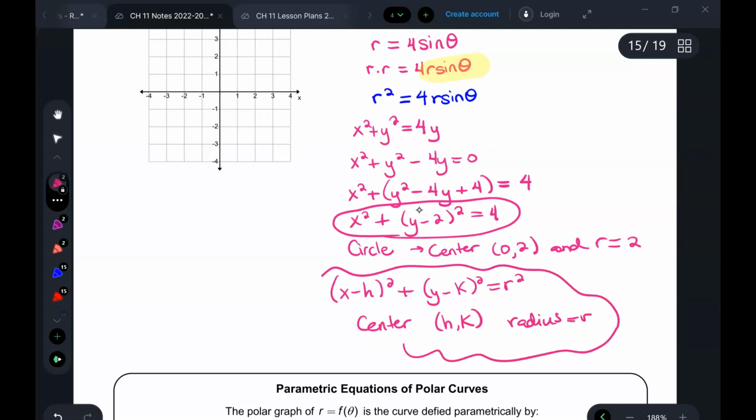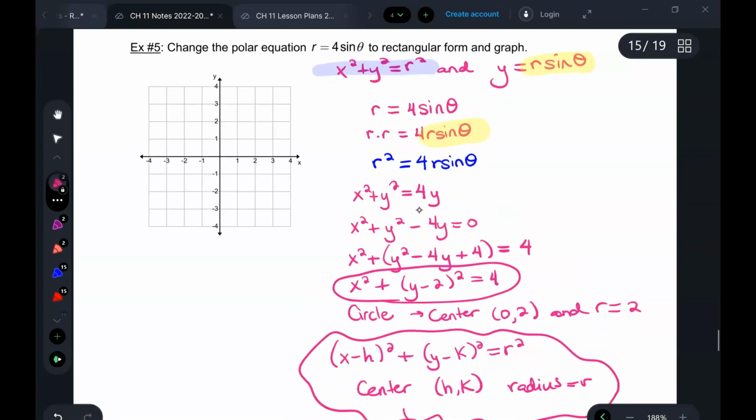It's been a while, but we need to at least know that part. Okay, so let's plot the center (0, 2). And we have the radius is 2, so I'll just go around and graph it.